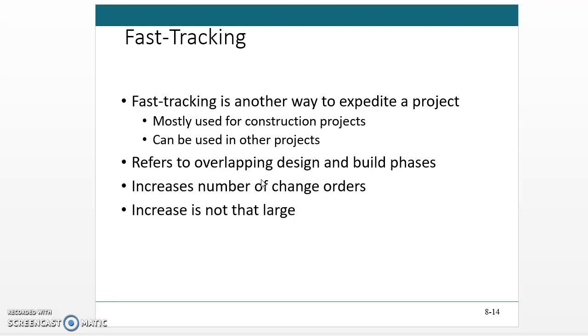However, research has shown that the increase in the number of change orders is not that much, so with some proper experience in this type of approach, fast tracking can be applied successfully on projects.